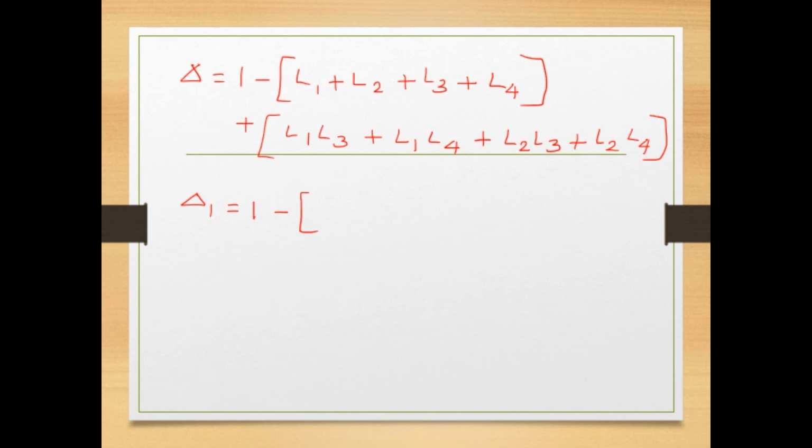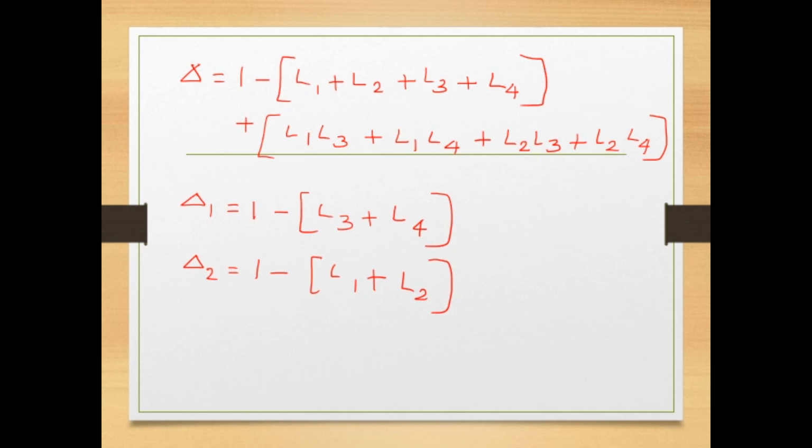So delta 1 is equal to 1 minus L3 plus L4. Similarly, for delta 2, we have to exclude all the loops which touch the second path. L3 and L4 touch the second path, but L1 and L2 do not touch it. So our delta 2 is 1 minus L1 plus L2.